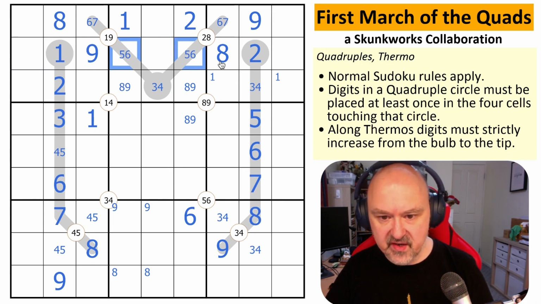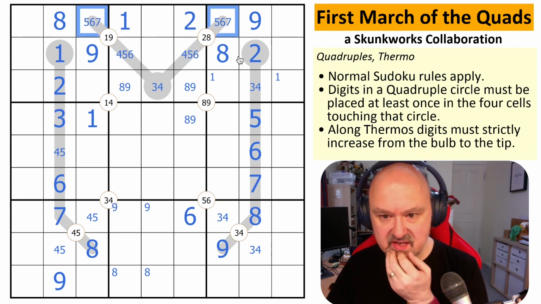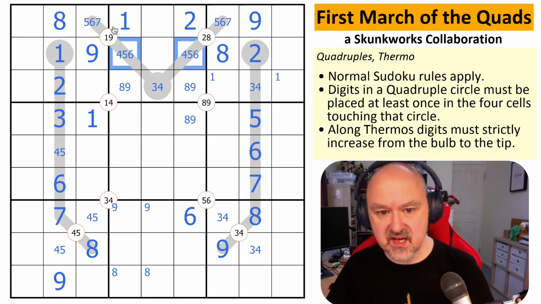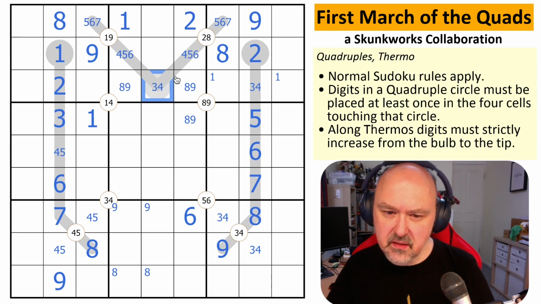So I have to put a 5 in here, is the thing. These have to be different. And because these have to be different, I think that is the way this sits. So if this was 5, these would be 6 and these would be 7, but I've got 2 6s in the box and 2 7s. It just doesn't work. I think that's right.